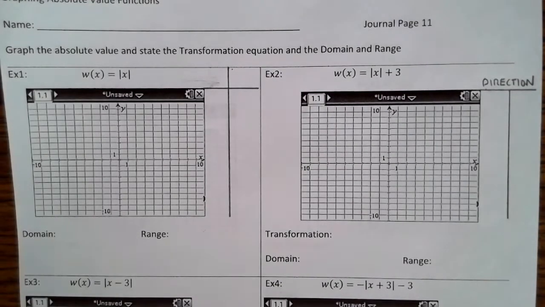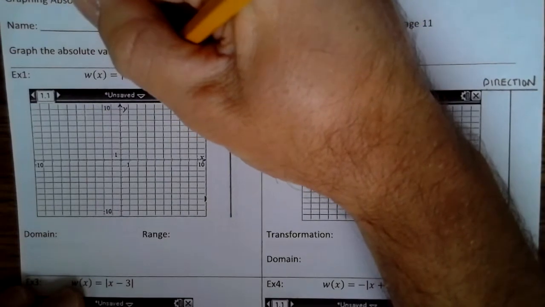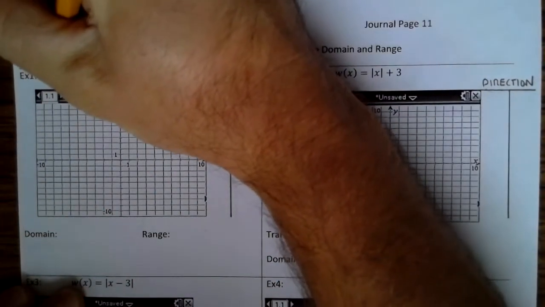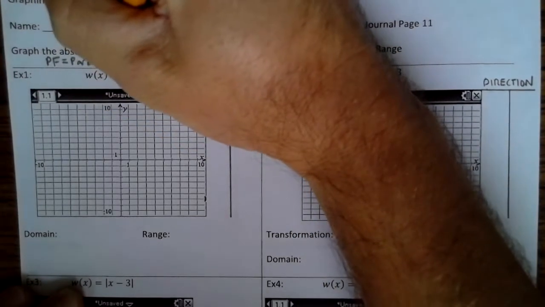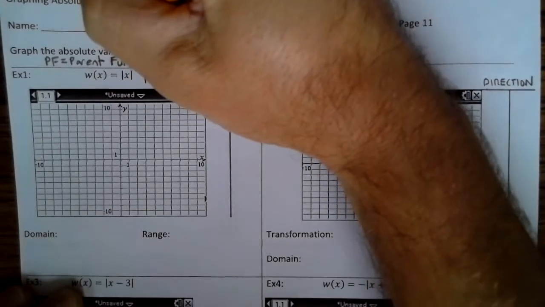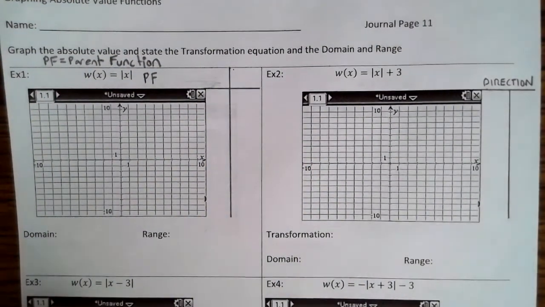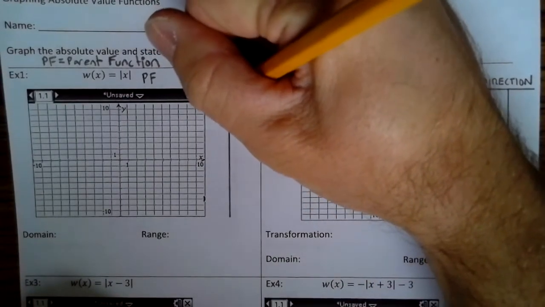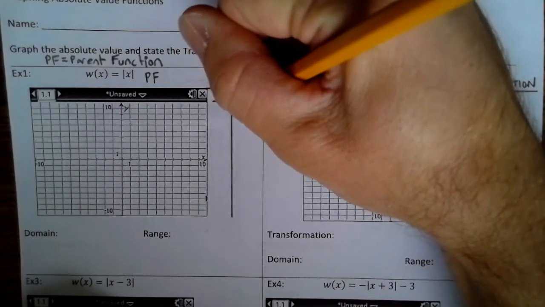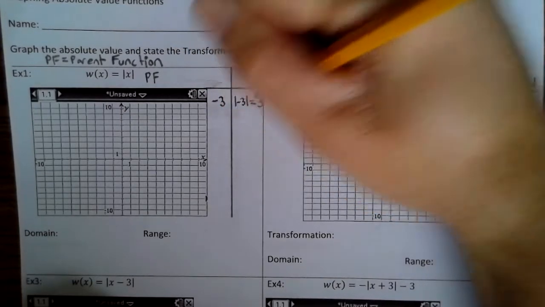All right, graph the absolute value and state the transformation equation and the domain and range. Okay, so example 1, w(x) = |x|, which is the parent function. So when x is negative 3, the absolute value of negative 3 is positive 3.